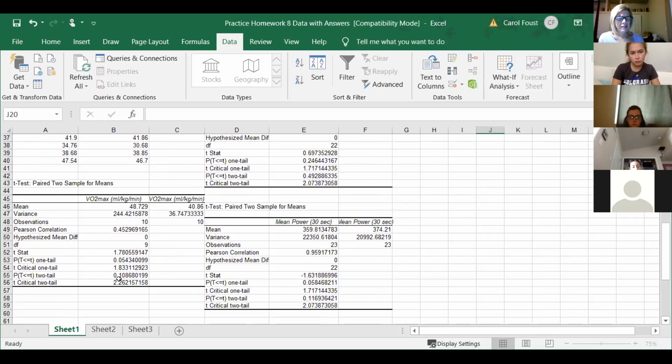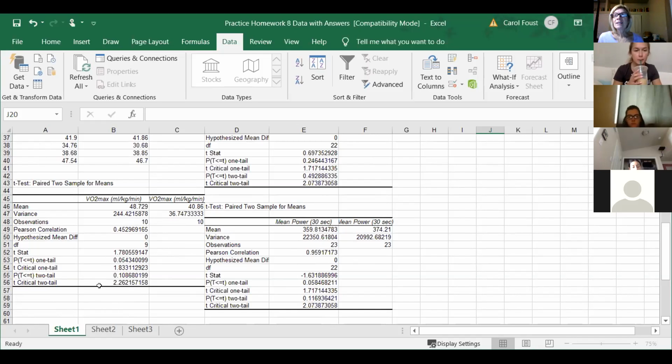My probability is 0.108. That is not smaller than 0.05. 10% is not smaller than 5%. My t-critical in this case is not smaller than my calculated. So there's no difference here, no difference between my true max, my gold standard, and my submax.